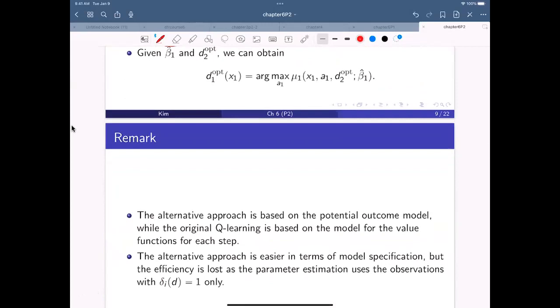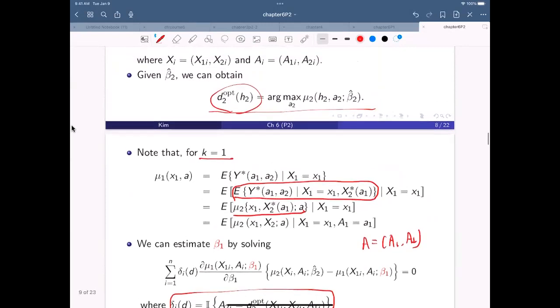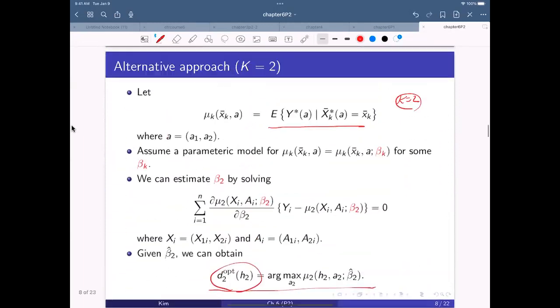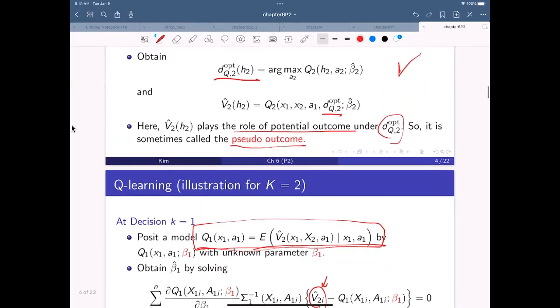This alternative approach is based on the potential outcome model, while the original Q-learning is based on the model for the value function. So the first approach is to model the value function, and actually the backward selection value function.